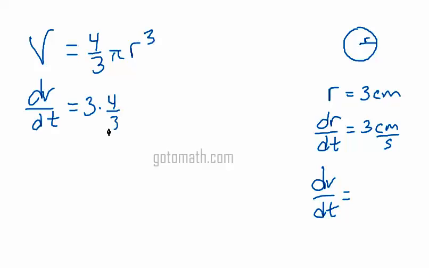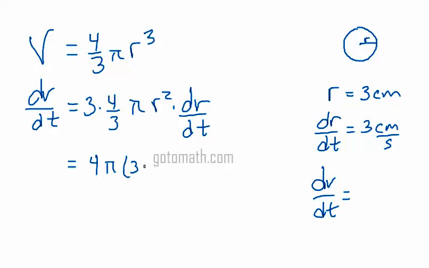We have 4/3 pi r squared, but we took the derivative of r, so we have to write dr/dt. Now all we need to do is plug in our numbers. This is pretty simple.